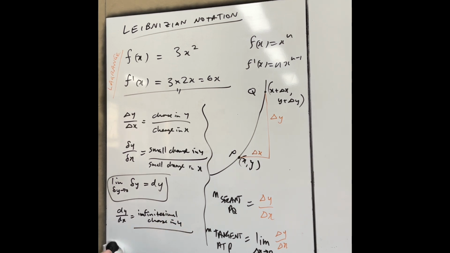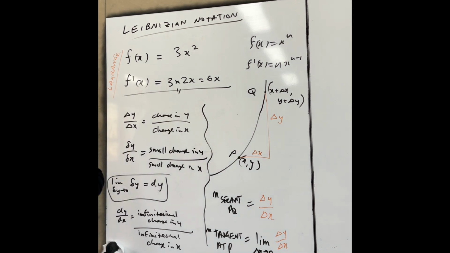What do you guess? Take a guess. Infinitesimal change in x. So what they're saying is it's the gradient, it's the change in y over the change of x, it's the delta y over delta x as they become 0.